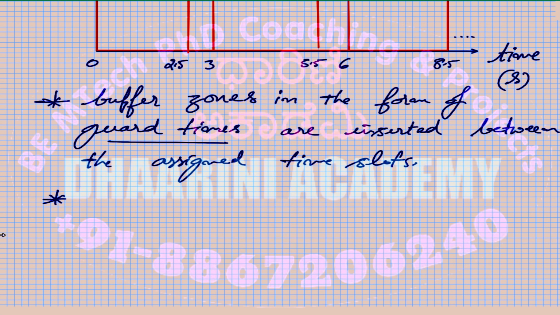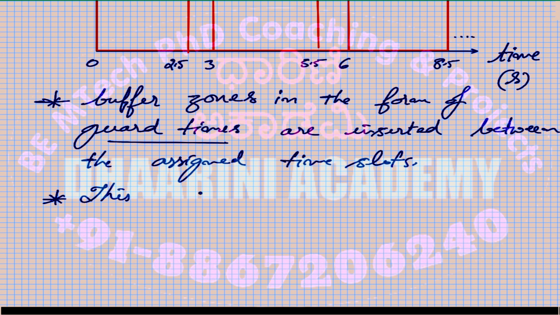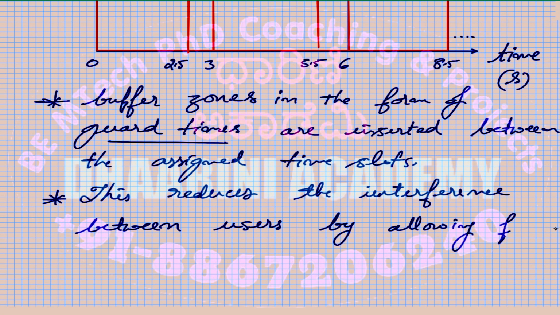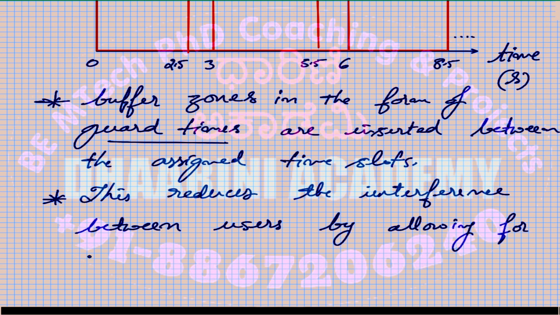So let's write that this reduces the interference between users by allowing for time uncertainty due to system imperfections.